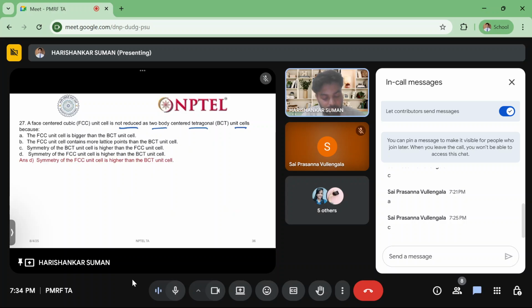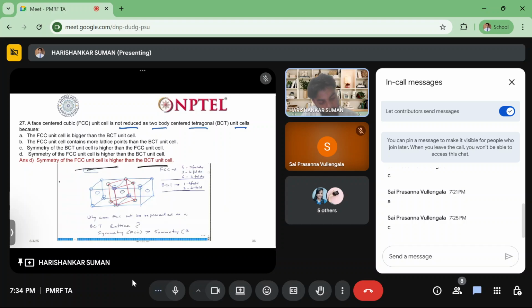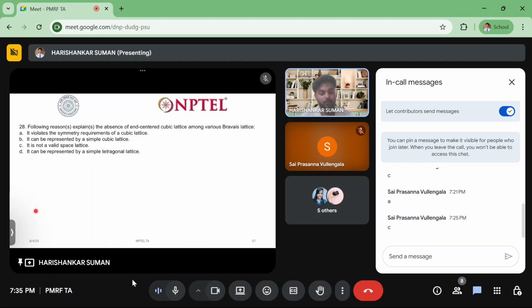So answer is symmetry of the FCC unit cell is higher than the BCT. And you can also see this from the lecture, where sir explained why FCC cannot be represented as the BCT unit: the symmetry of FCC is higher than the symmetry of body-centered tetragonal. Next question. Which reason explains the absence of the end-centered cubic lattice among the various Bravais lattices?